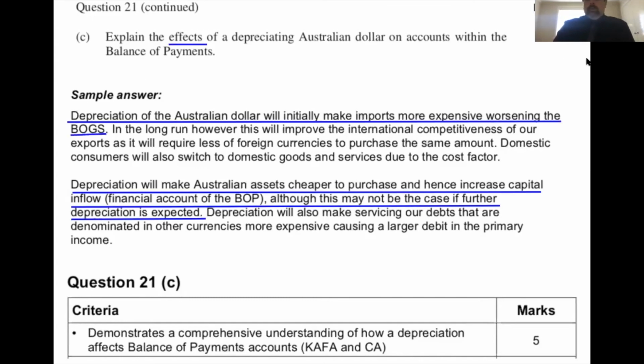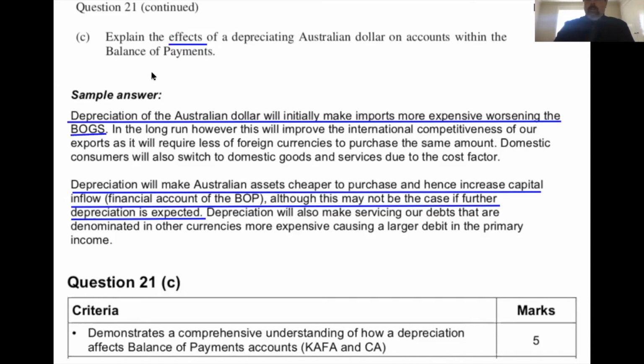So here, what you need to be doing is looking at the effects of a depreciating dollar on the balance of payments and specifically in accounts. So I've just highlighted there the word effects, which basically is what explain means. To relate cause and effect, the how and the why.